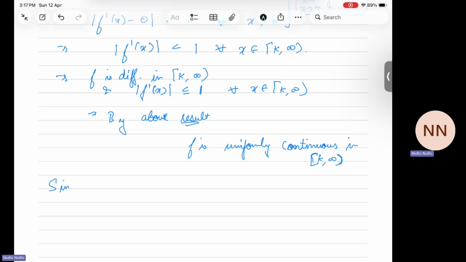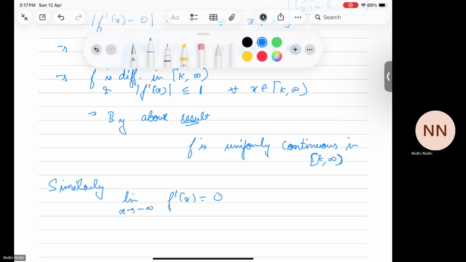Similarly, you can try this yourself, as limit x tending to minus infinity, f dash x will be 0. Check yourself.